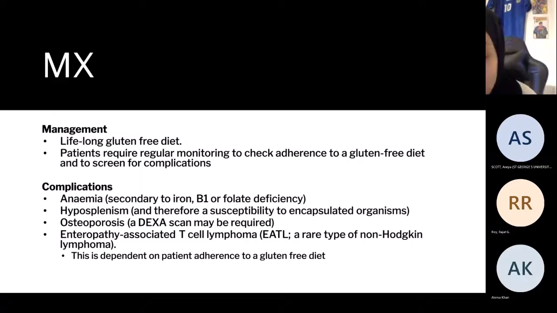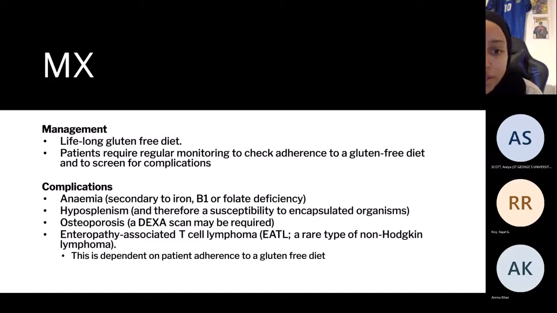So you want to make sure that they get vaccinated for pneumococcus. I think it's pneumococcus, I'll double check that. And then osteoporosis is another one, again, because they're not getting the absorption of nutrients.